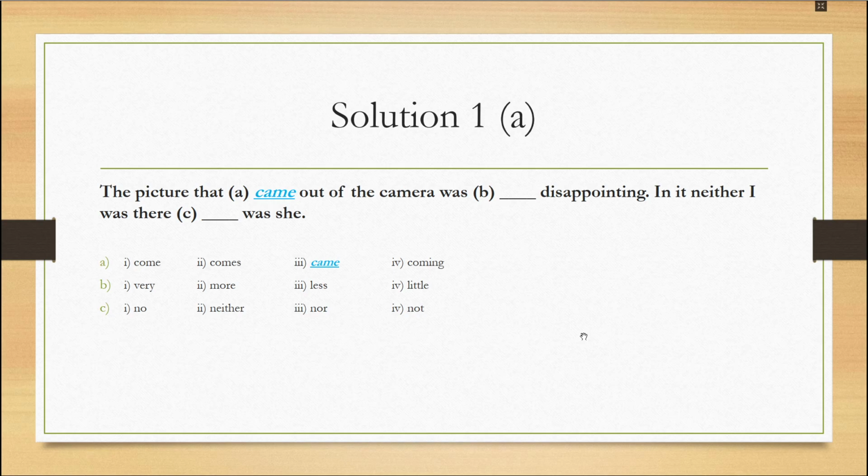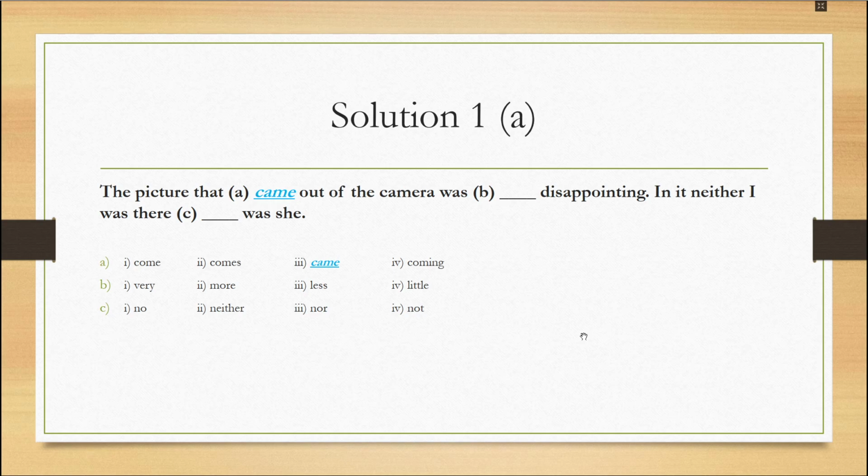Now next is, out of the camera was dash disappointing. Now just see the words for this. So let's read again. The picture that came out of the camera was very disappointing. Yes, very disappointing. It is sounding very appropriate. Why?